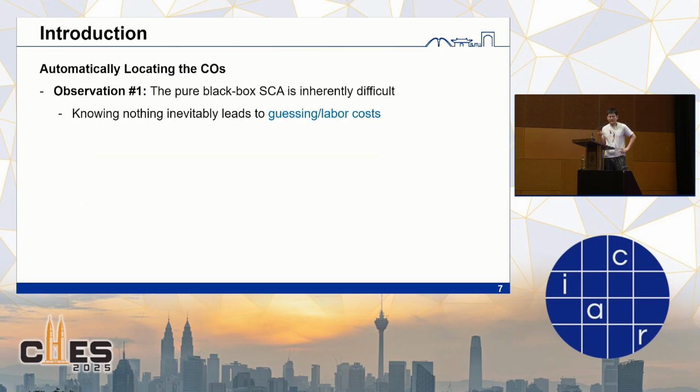So what can we do now? First, we find that if you really know nothing about the target, inevitably you have to spend the labor work of guessing or searching the raw trace manually.